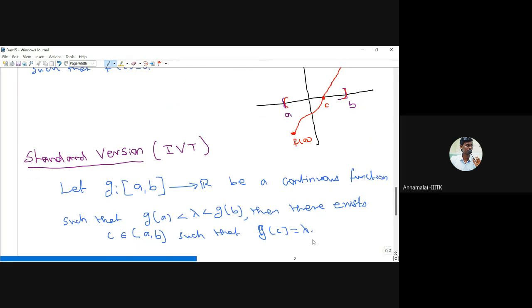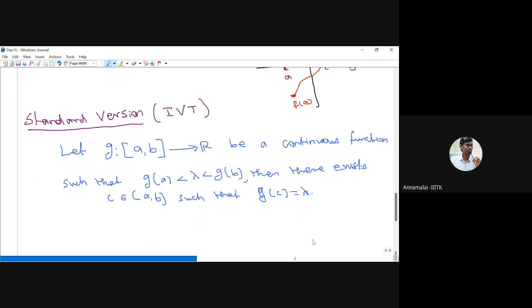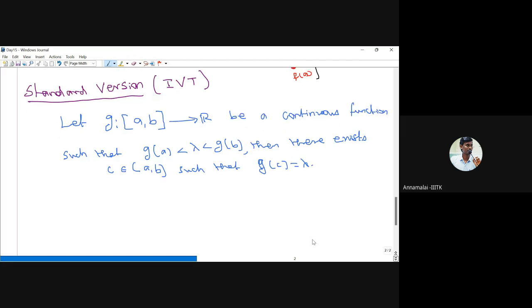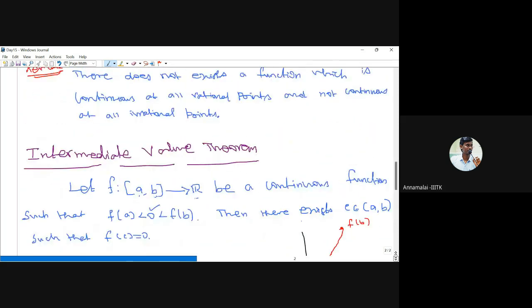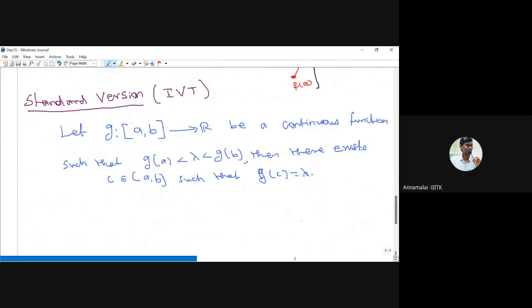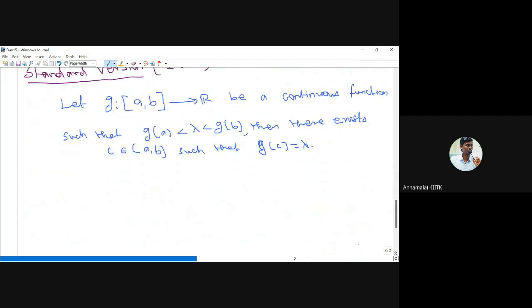Okay, so same thing. This is actually a corollary of the previous one. So assume that we know the proof of the intermediate value theorem with zero. Now how do we prove this one? Which continuous function can you take? What is the f(x) now?